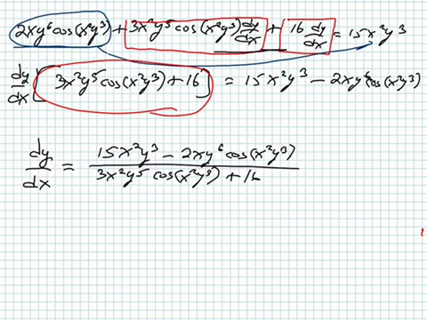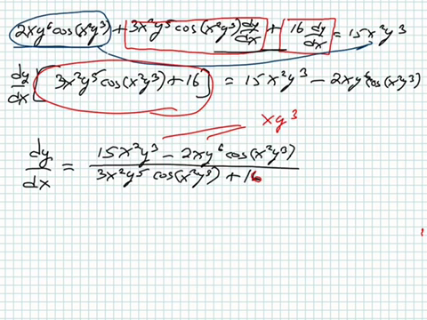And let's see if I can factor out anything, because I do want to simplify. Now on the bottom, because I've got this 16 by itself, I can't factor out an x or a y. But on the top here, I can factor out 1x and 3 y's.